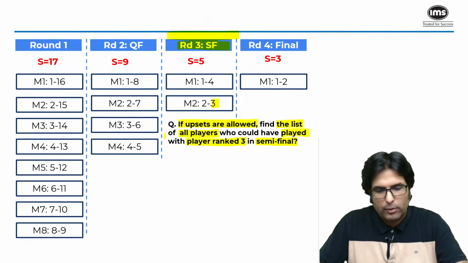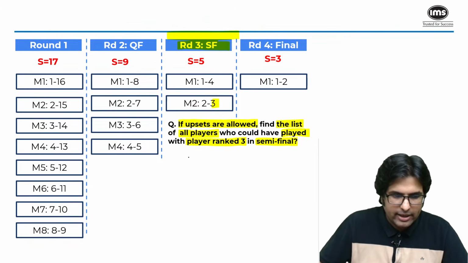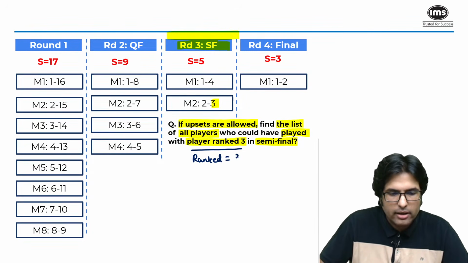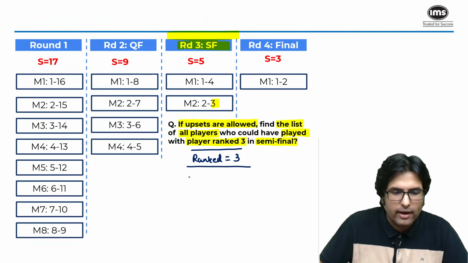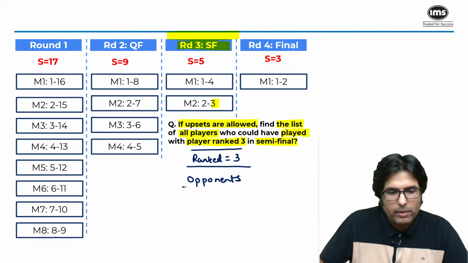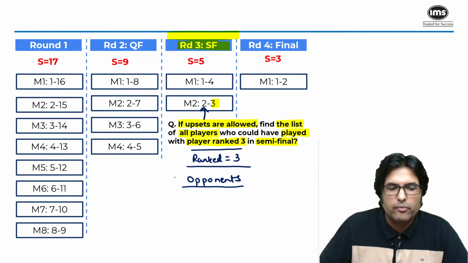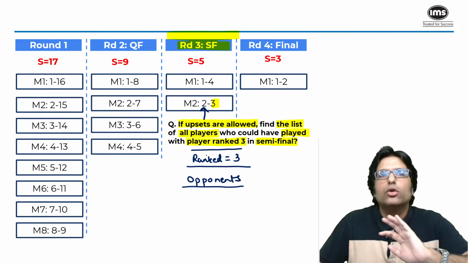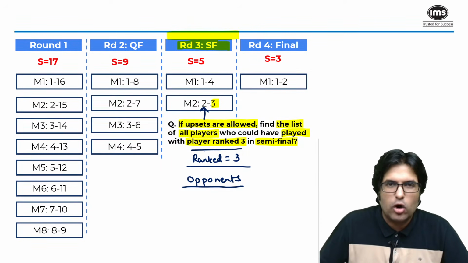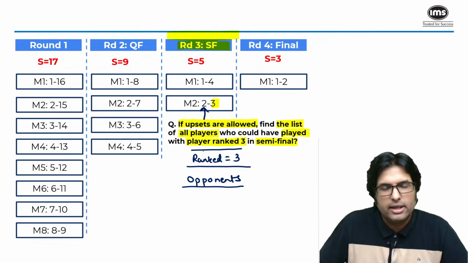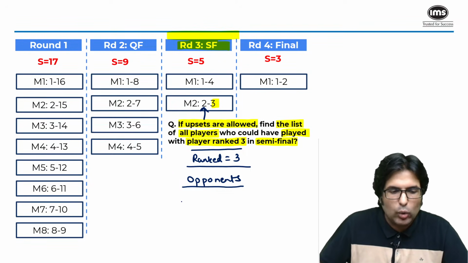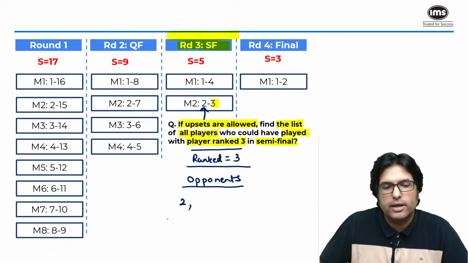Let's go via the logical approach. Who are the opponents that player rank 3 could have? Clearly, player rank 2. They are asking who all could play player rank 3 in the semi-final. So obviously we have a structure where there are no upsets, so player rank 2 definitely is a possible opponent.